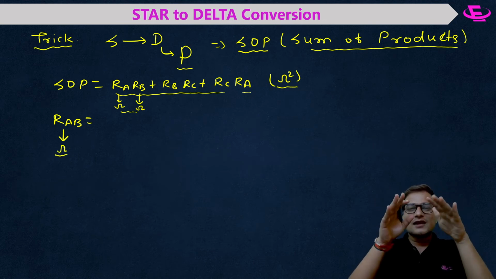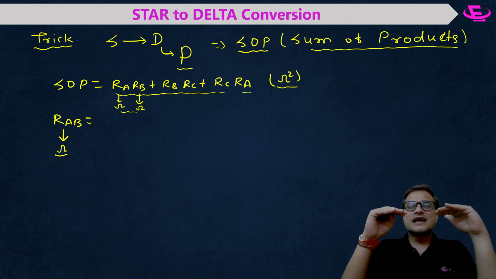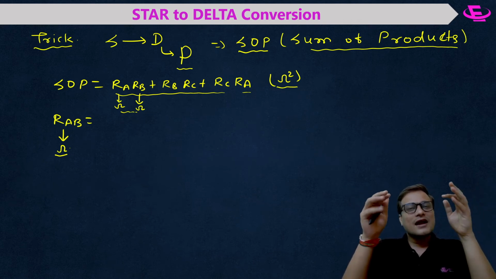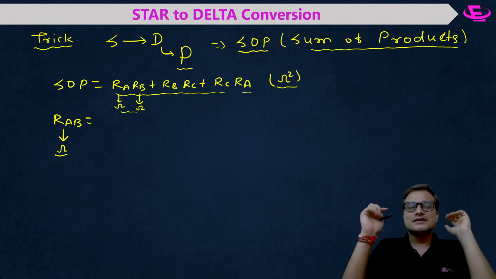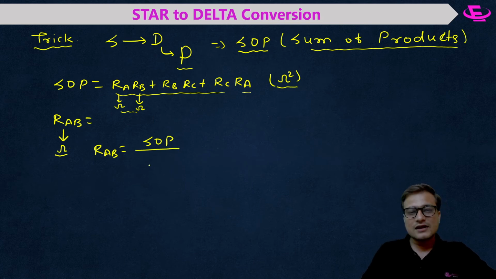That means the picture is very clear to you that at the numerator it will be the sum of products because it is ohm square, and at the denominator there will be a resistance. So RAB will be SOP divided by a resistance.